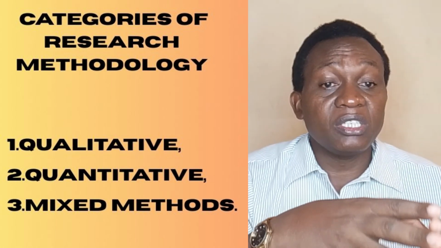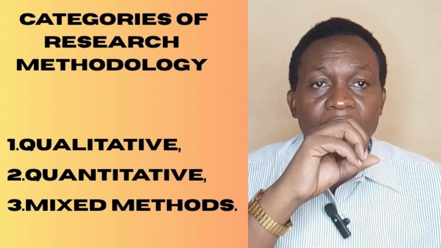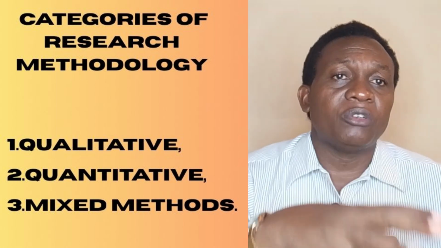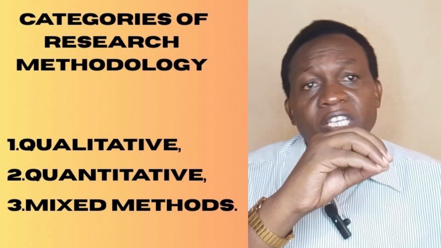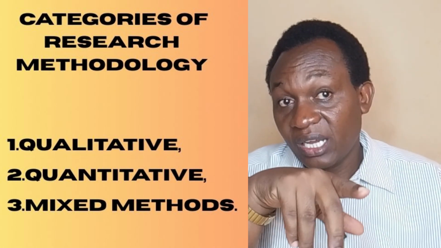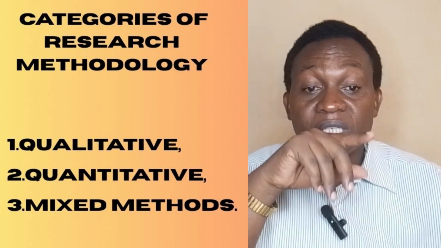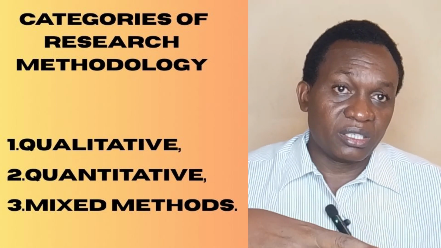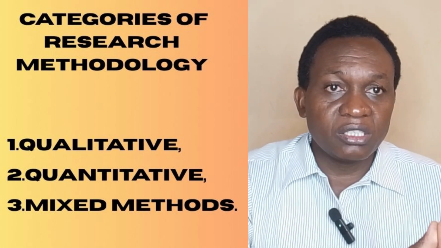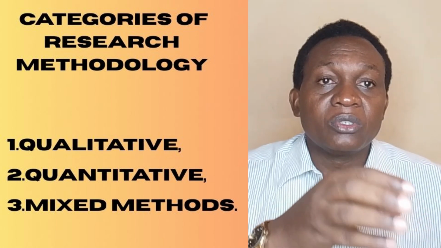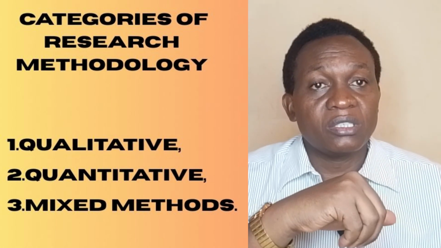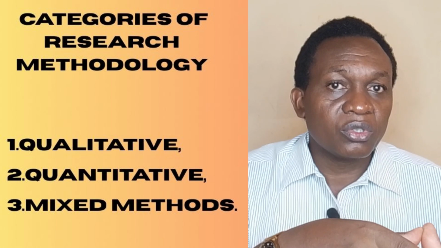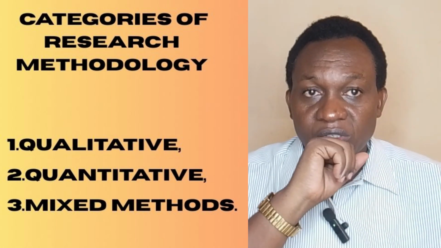So qualitative is basically where you're going to analyze qualitative information, and you must be very careful to understand how to analyze qualitative data, because this is where we make a lot of mistakes. You go and you collect your qualitative data, and because you said you're going to use a mixed method, you don't know how you're going to integrate the two so that you're able to solve your research questions.